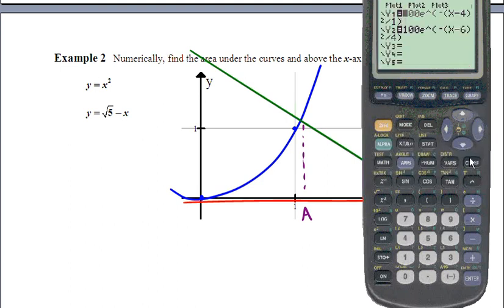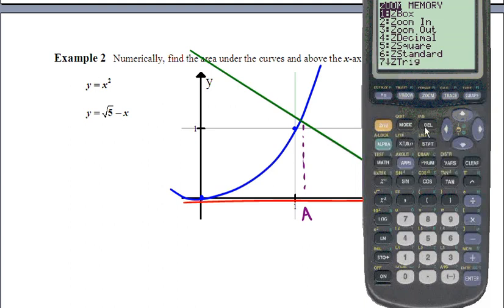Okay, clear those out. So I've got y equals x squared, and then the other one is √5 minus x. My zoom, I might as well match the window that we have here.